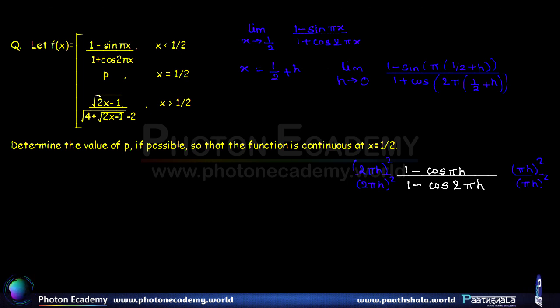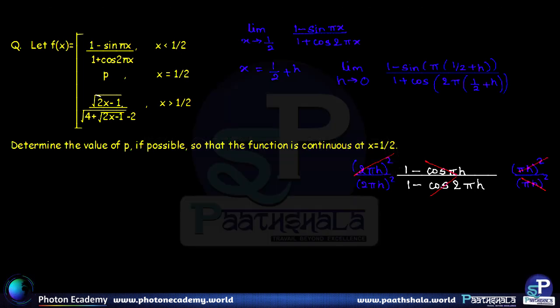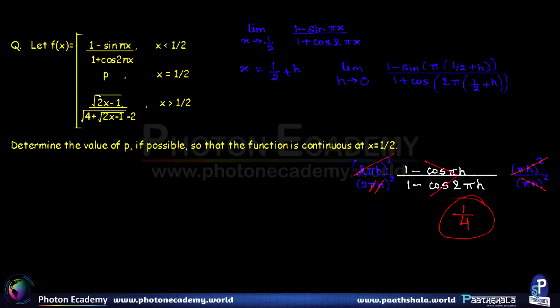It is half. So this and this will become half, and the halves will cancel each other out. (Pi h) square will cancel out with (pi h) square, and finally we are left with just 1 by 4. So this is the first part of the problem. X is less than half, so this is the negative limit, and it is 1 by 4.